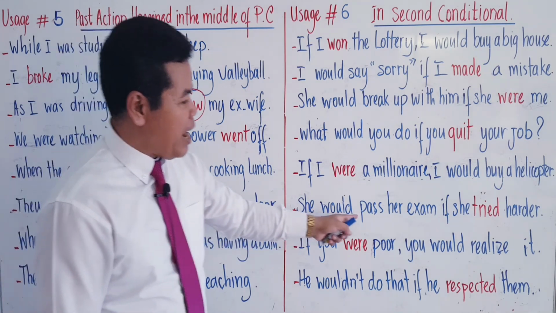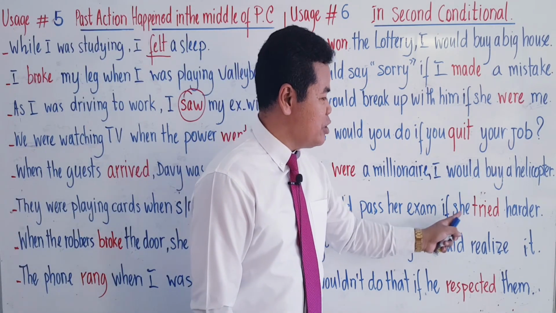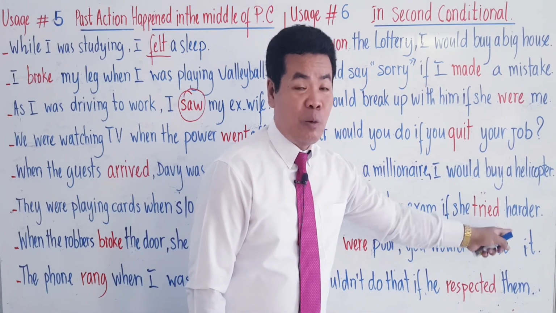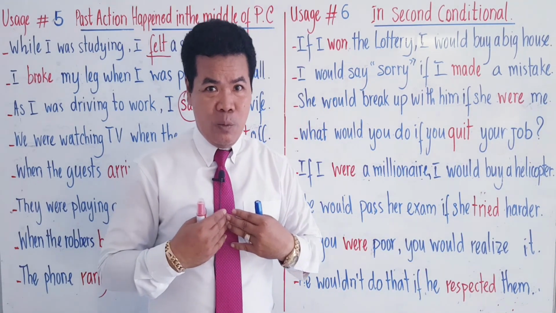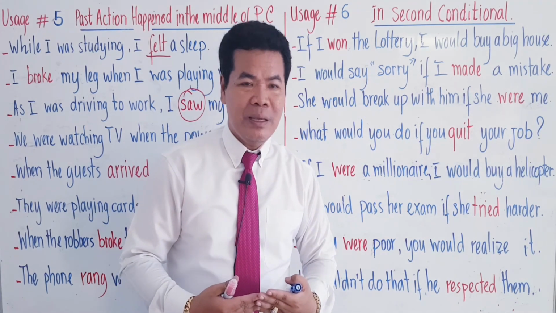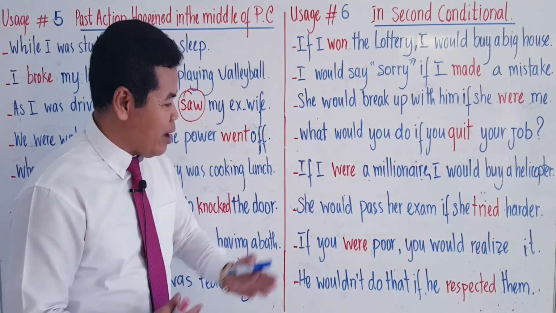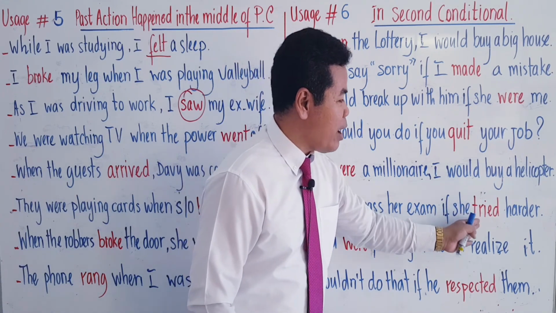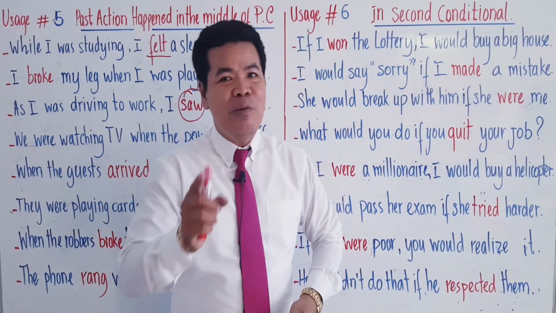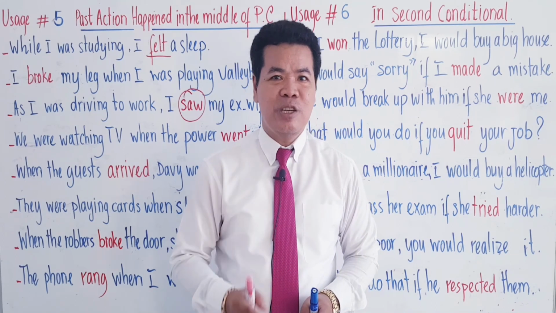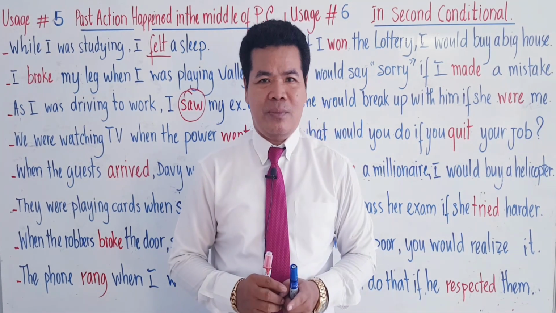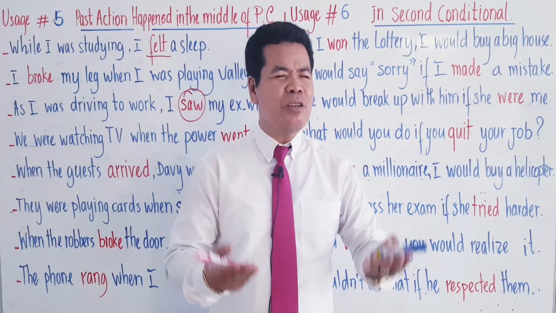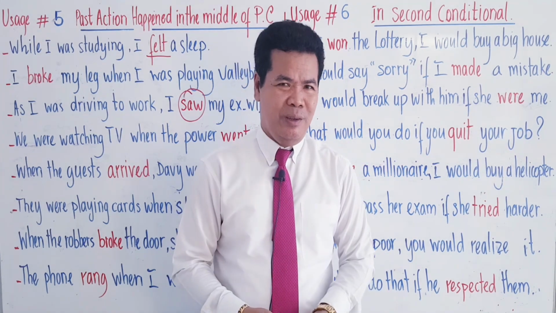She would pass her exam if she tried harder. But when I talk to someone that she would pass her exam if she tried harder, everyone knows that she failed the exam. Talk about imaginary, talk about impossible.